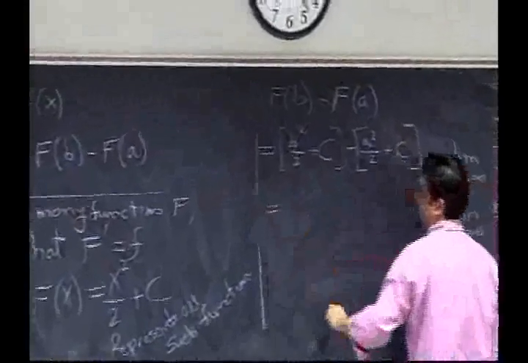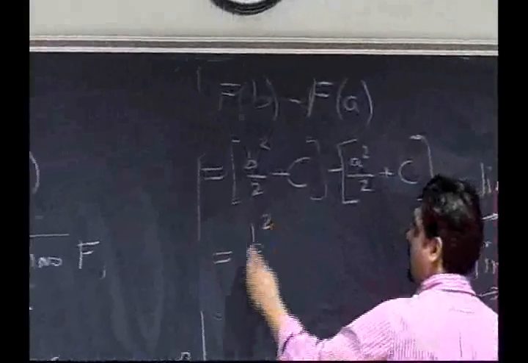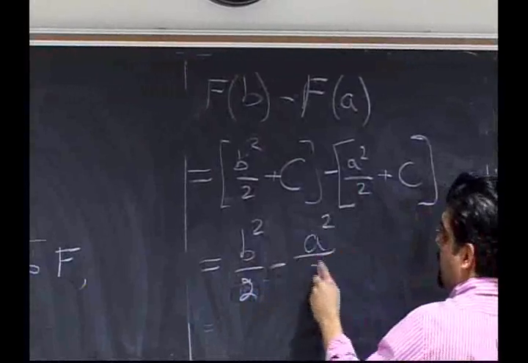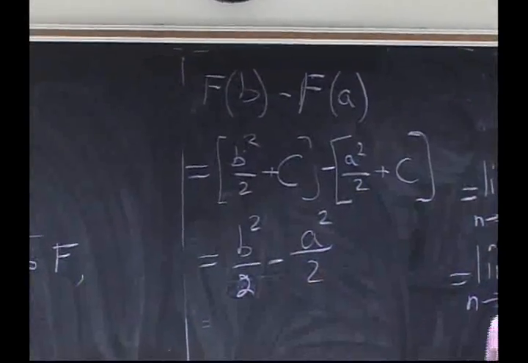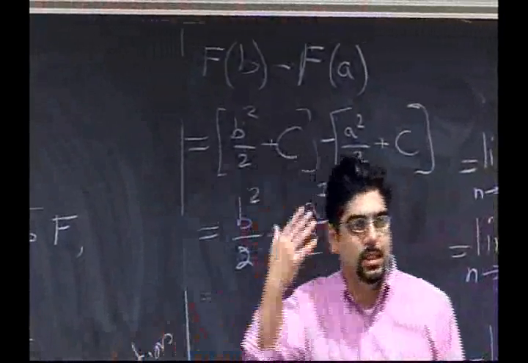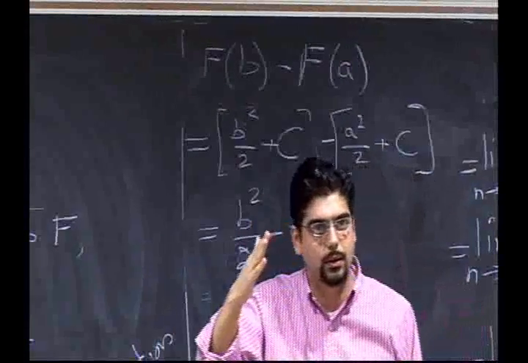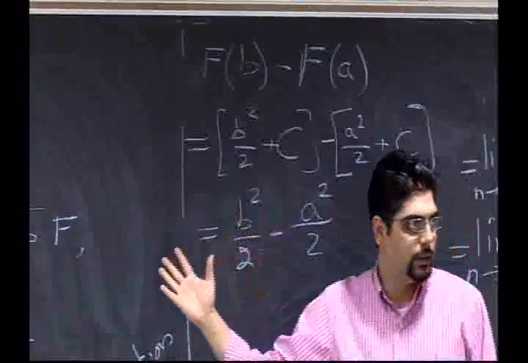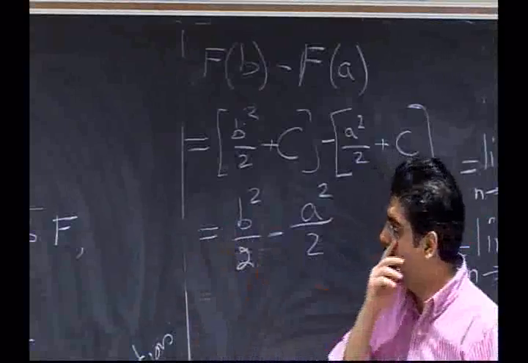And what does that turn out to be? B squared over 2 minus a squared over 2. The c's cancel. So that's good, because we don't have to guess the correct function among all of them whose derivative is x. Any of them would work.